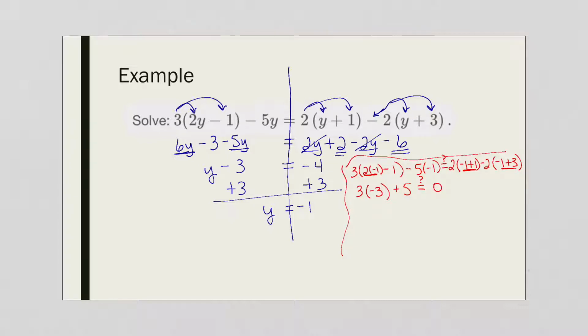This right here, I get positive 2 times negative 2, so I get minus 4. 3 times negative 3 is negative 9 plus 5. And negative 9 plus 5 is negative 4. And check that out. It works. So this is our answer.